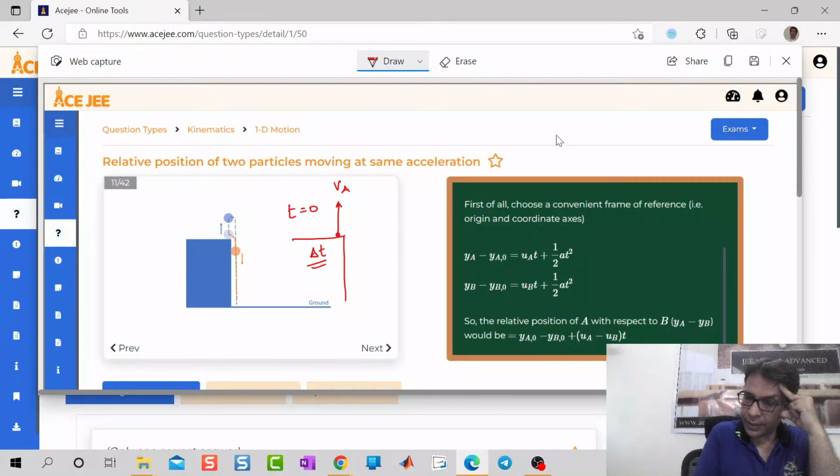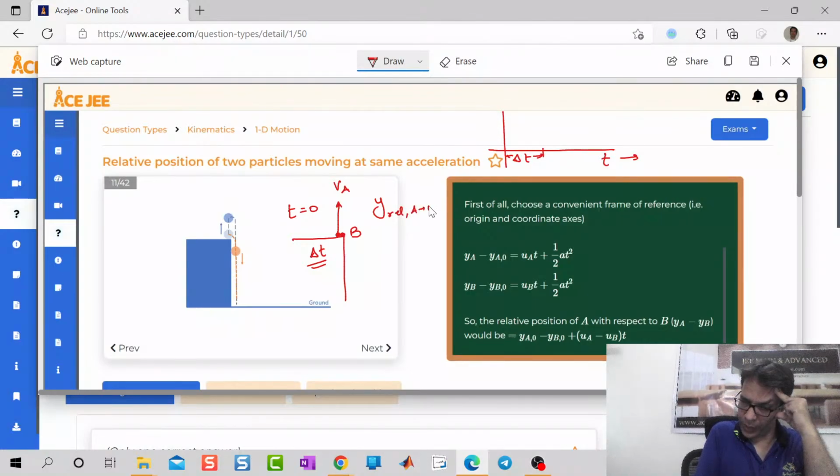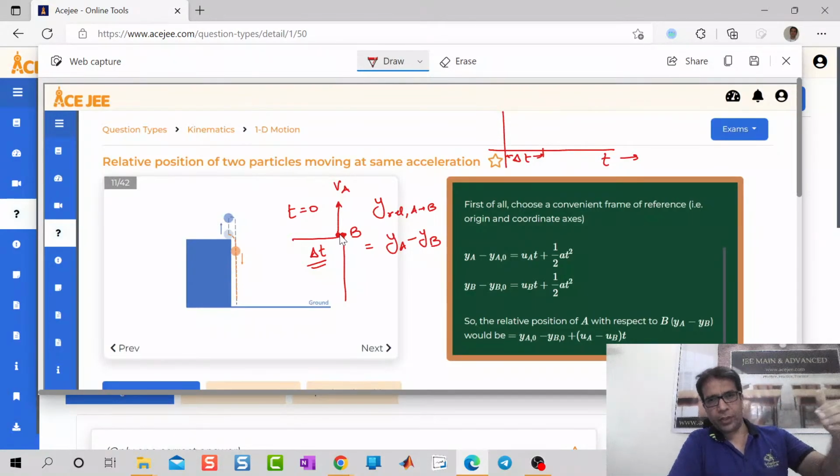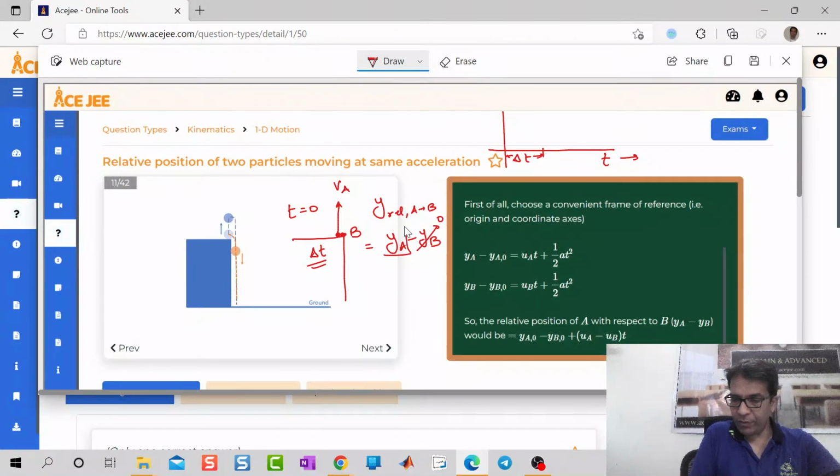So for the first delta t seconds, B is stationary, then the relative position of A with respect to B is YA minus YB. Let's say your origin is attached to the point from where the two particles are launched, then YB is 0. So it will simply be YA. So you will simply be tracing YA.